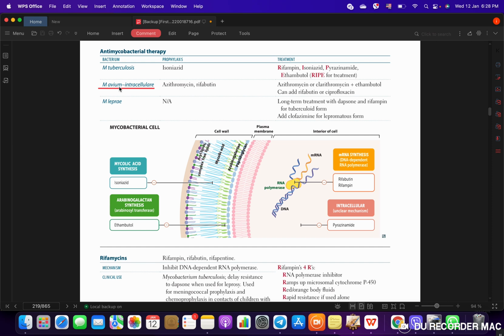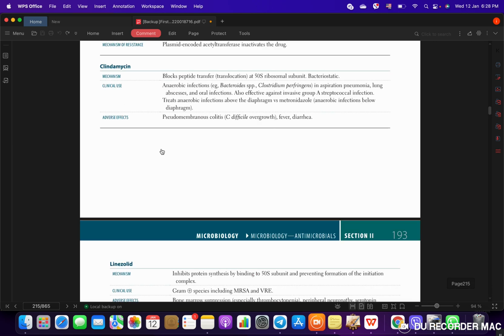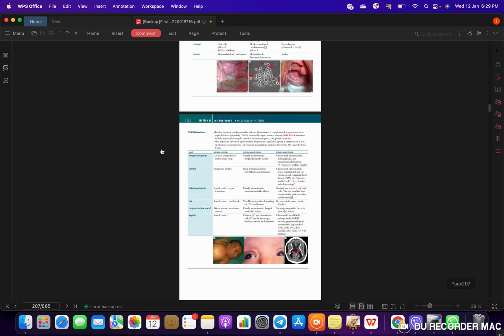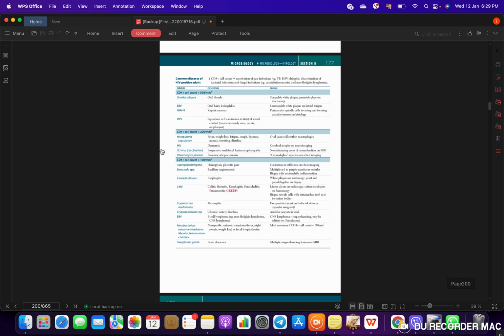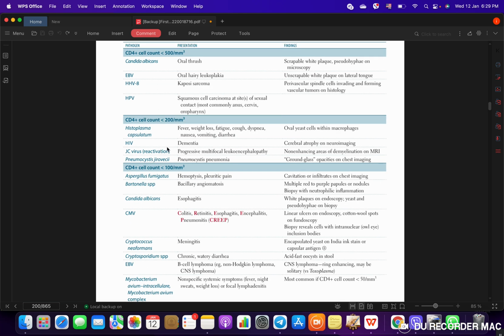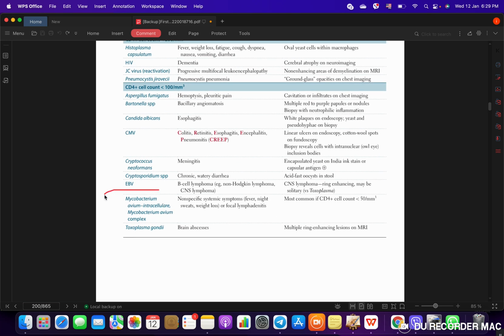HIV, when the CD4 count is less than how much? Yes, it was 50. If you remember, back when we spoke about HIV, I told you about the different CD4 counts, and I told you to make a note about Mycobacterium avium, which will start infecting us when it goes under 50.